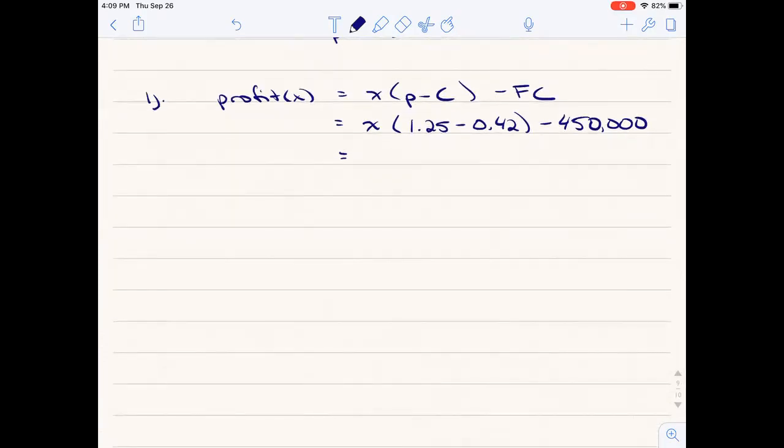I can simplify the $1.25 minus 42 cents, but that's about it. So I get $1.25 minus 0.42, which is 0.83 times X, minus 450,000.